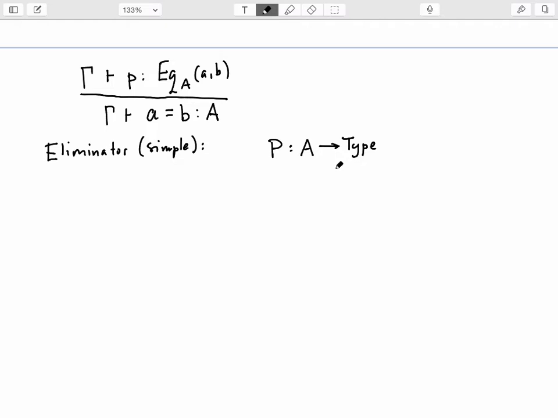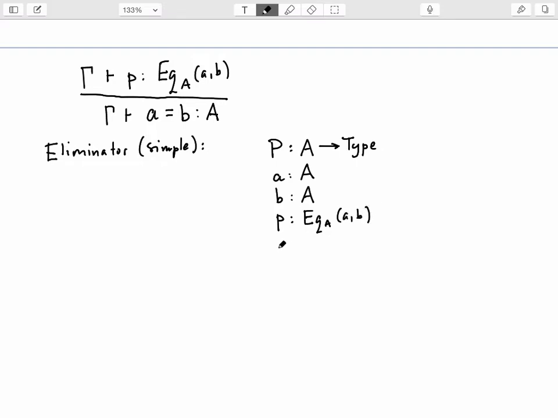So if I have a type family P, and I have an element a in A, and an element b in A, I have a proof that a and b are equal.